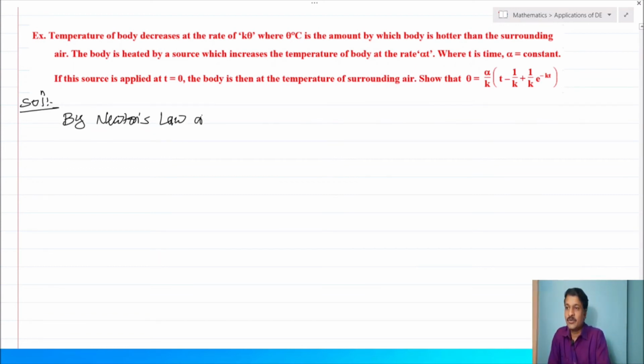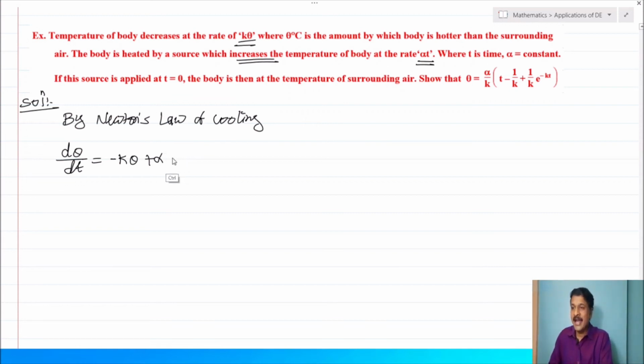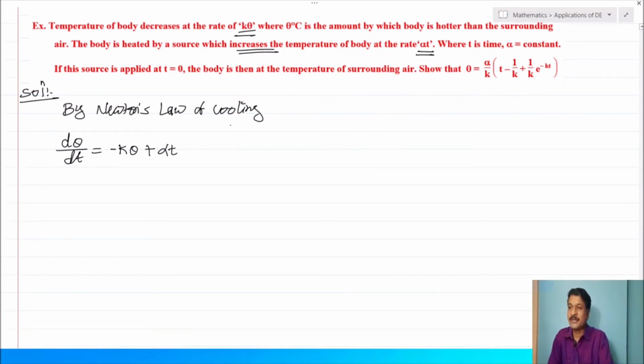The rate of change of temperature, d theta by dt, decreases by the rate, so minus k theta, and increases by the rate, so plus alpha t. Note that here k and alpha are constants and the variables are theta and t only. So solve this differential equation.